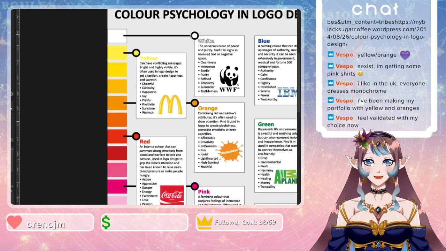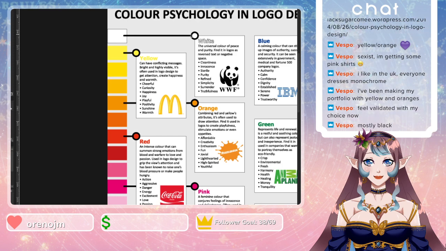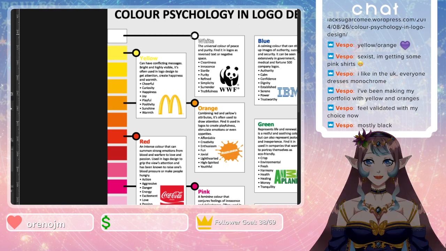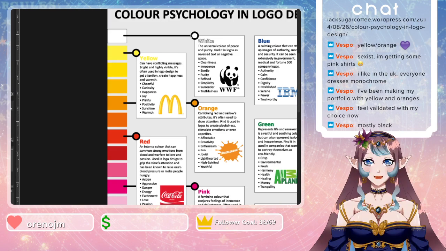Like, for example, white is the universal color of peace and purity. You find it in logos as reverse text or negative space. And I repeated myself. Mostly black, with a bit of yellow and orange. Okay, cool, that sounds like a really good color combo.